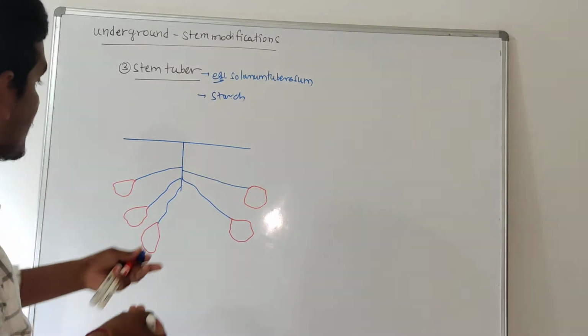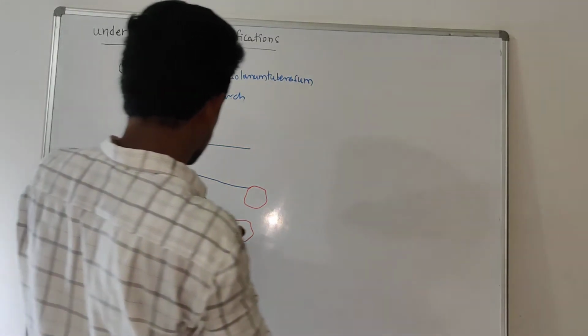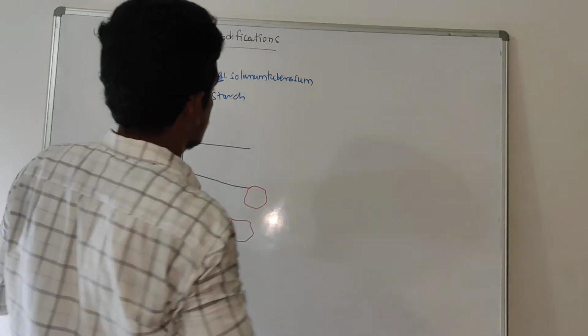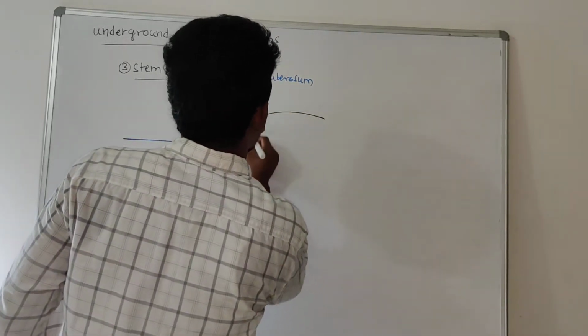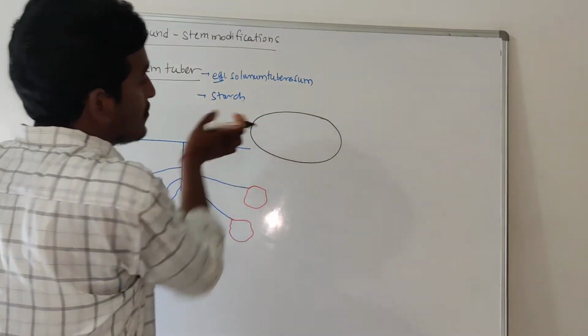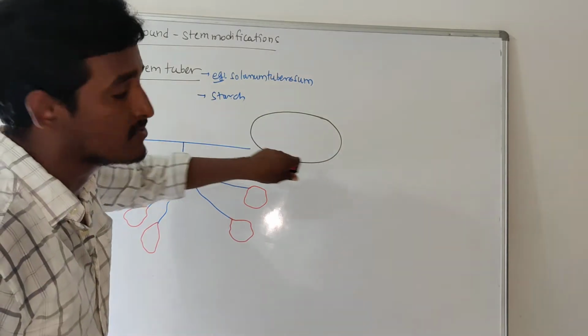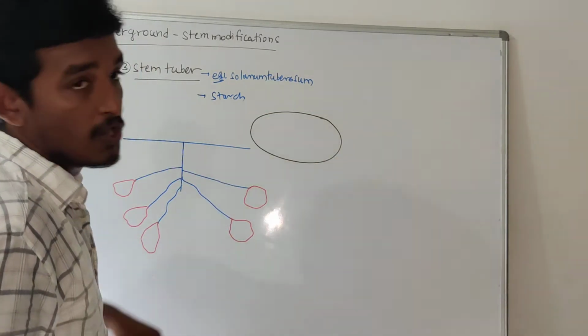So we will take one potato and discuss it in brief. It is surrounded by brown colored periderm. Here the adventitious roots are absent.